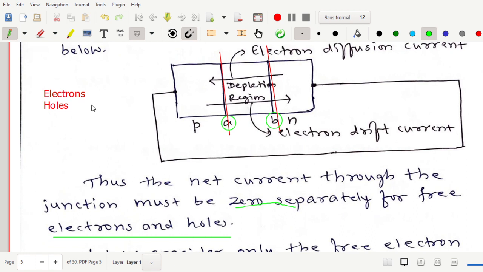Now in this discussion, we will just consider the current due to electrons only. This derivation can also be done by considering the whole current, but for simplicity we will consider the current due to electrons.